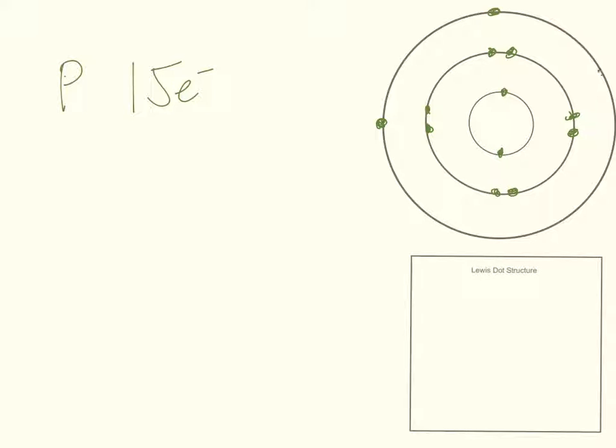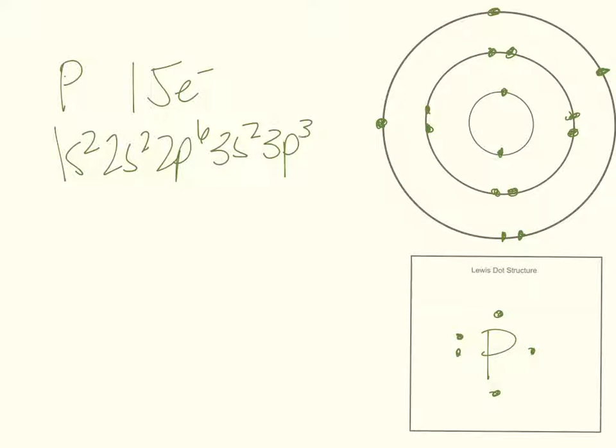For the Lewis dot structure, remember, Lewis dot structures are only the valence electrons. You'd go 1, 2, 3, 4, 5. You put 1 on each side of the 4 sides of the square, and then you can go back and pair them up. The electron configuration for phosphorus is 1s2, 2s2, 2p6, 3s2, 3p3. This one can either lose 5 or gain 3, and so it's going to gain 3 electrons.